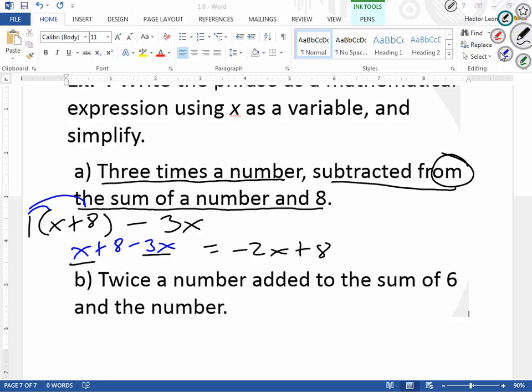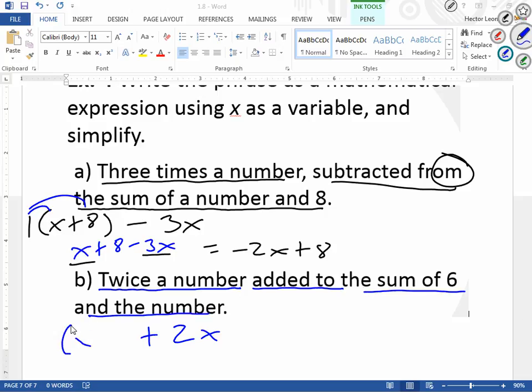Looking at my second example, let me read this little by little. Twice a number, so let me go twice a number. Remember, twice means times 2. Added to the sum of 6 and the number.